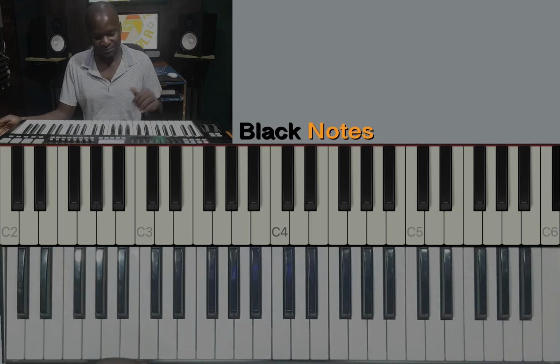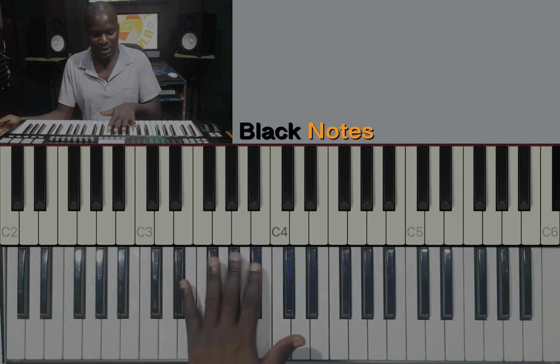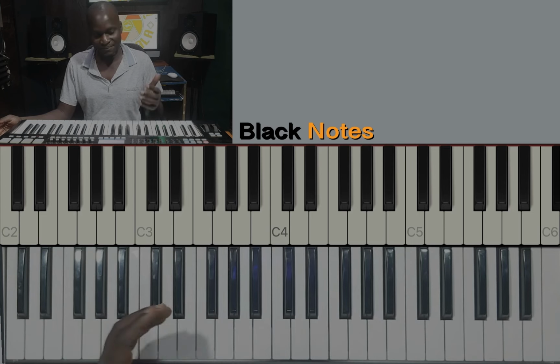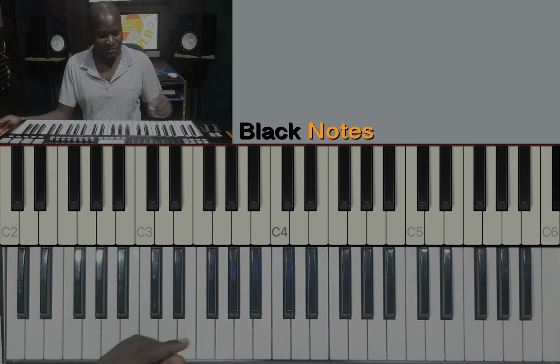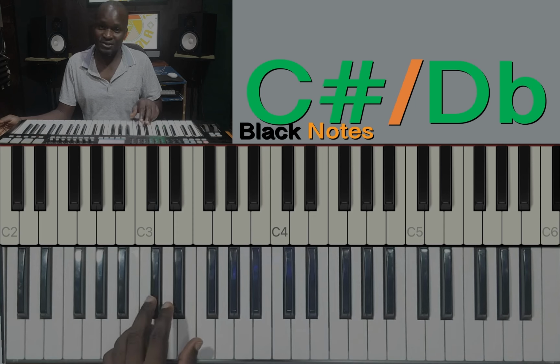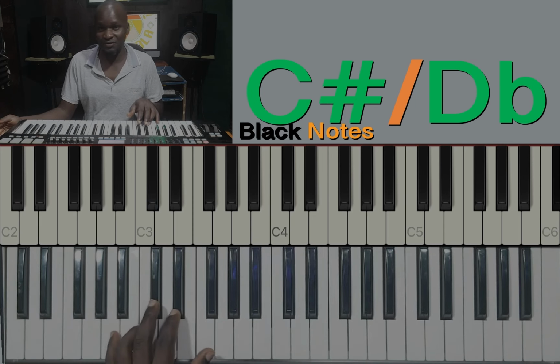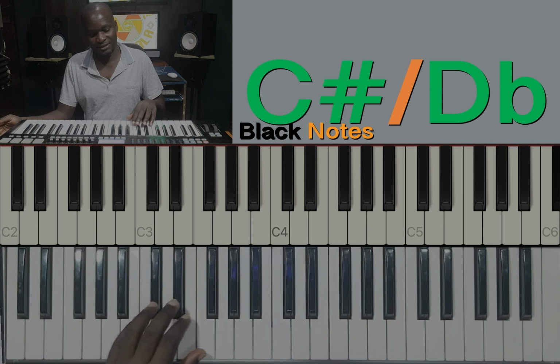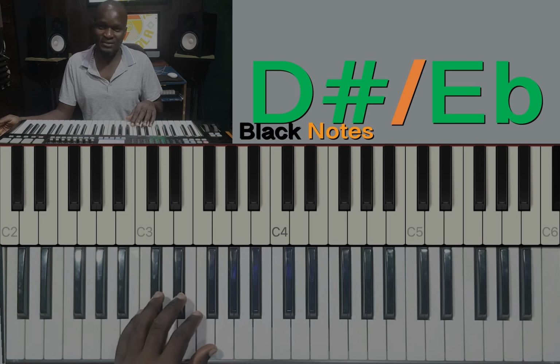For that reason, these black buttons or keys or notes can be flats or sharps. This can be a C sharp if you are standing on C, or it can be a D flat if you are viewing it from D. Similarly, this can be a D sharp or an E flat, depending on where you're standing.